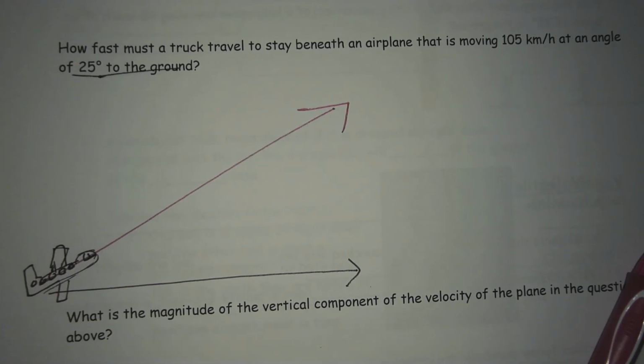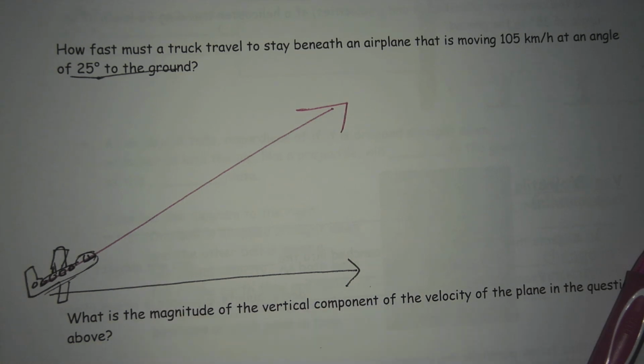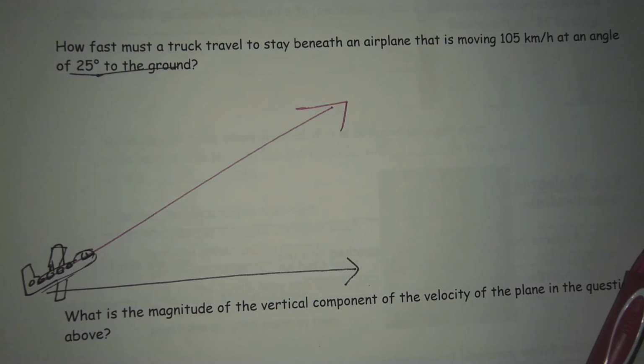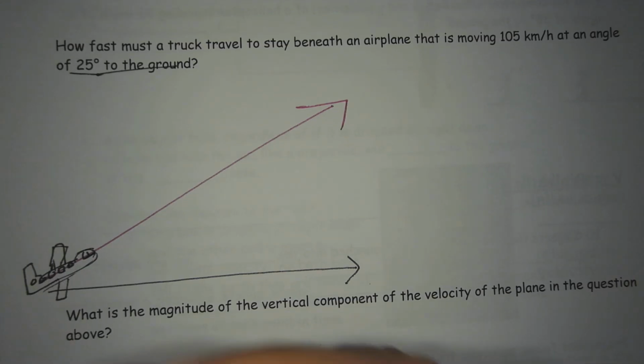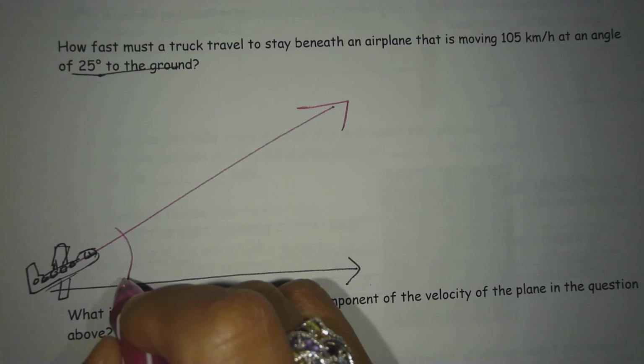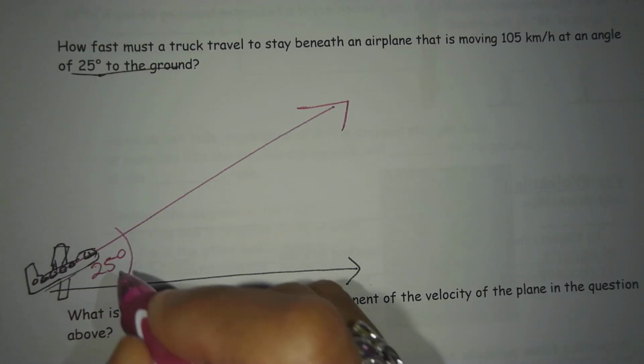And it's flying up at an angle of, remember last week, what did I say? Where is the angle located? It's always located at the tail end of the arrow. So this is the tail end of my arrow. So that is going to be my angle. My angle of elevation or angle up is 25 degrees.